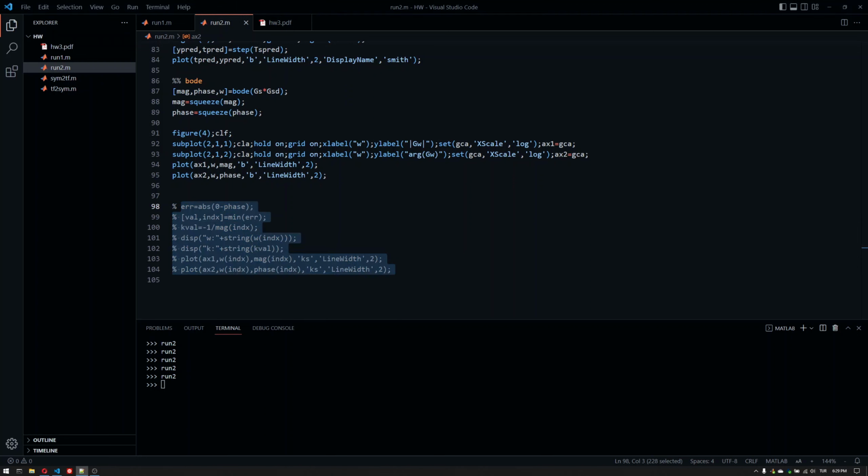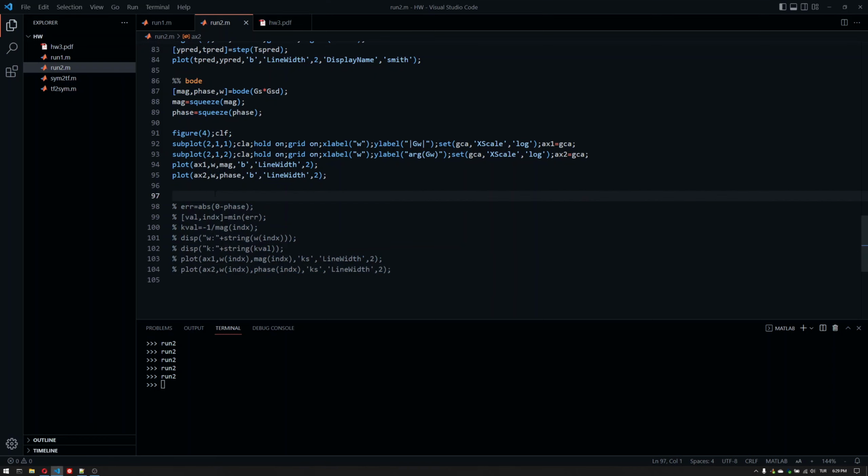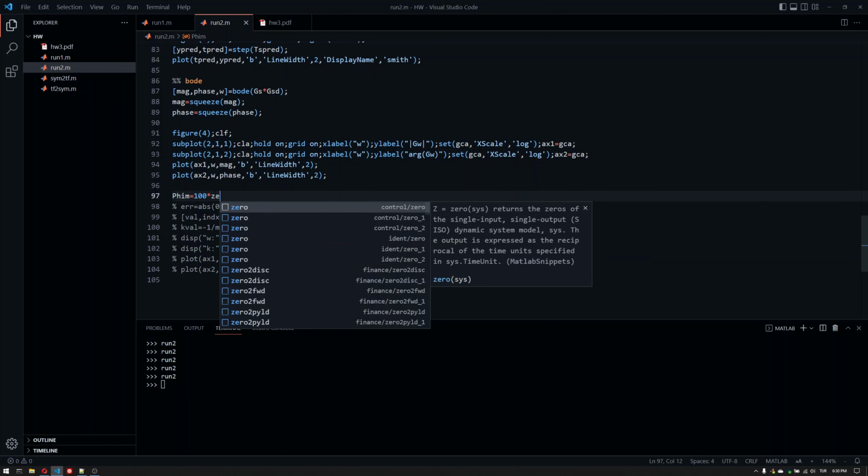Now for the Bode plot, we actually are looking for the zeta value here, and we have a phase margin here. So basically, there are two approximations about this.